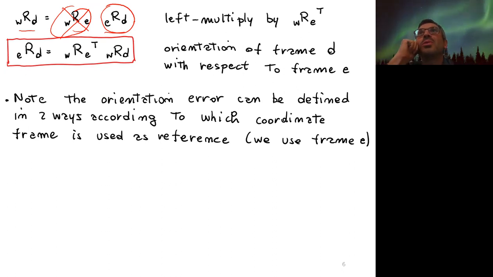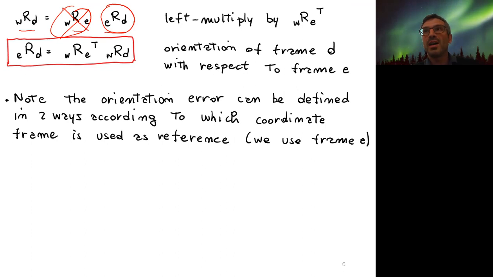In the Siciliano book, unfortunately, they use the other expression, which I don't like, because we want to define an error such that from the end effector we go into the desired frame and not the other way around. But there's nothing wrong in that. There's just some sign change, and we will see that some expressions in the formulas with the quaternions will be different.